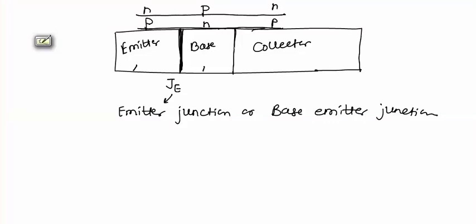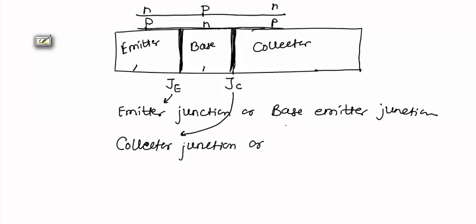And this base region and collector region form a junction written as JC, and this junction is called collector junction or collector base junction.